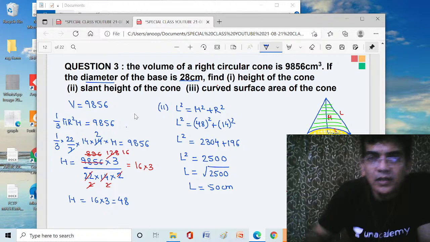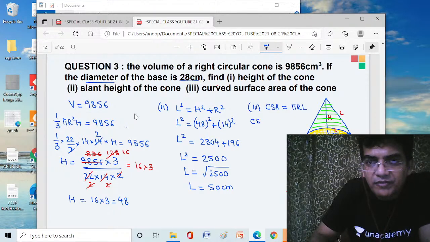So CSA, that is the curved surface area, formula will be pi r L. See, formula for curved surface area is pi r L. So let's calculate the curved surface area.